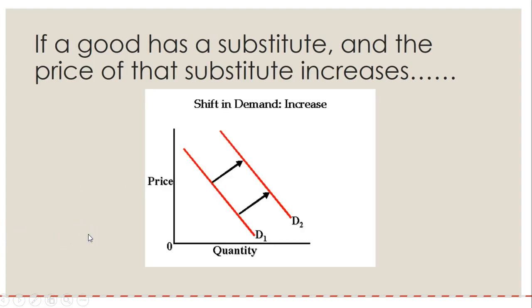If the price of broccoli goes way up, then again the demand for green beans is likely to go up as well, because rather than buy broccoli, they're going to buy green beans instead, since it's cheaper than the broccoli. So here we see a direct relationship between the price of substitute goods and the demand for a substitute.